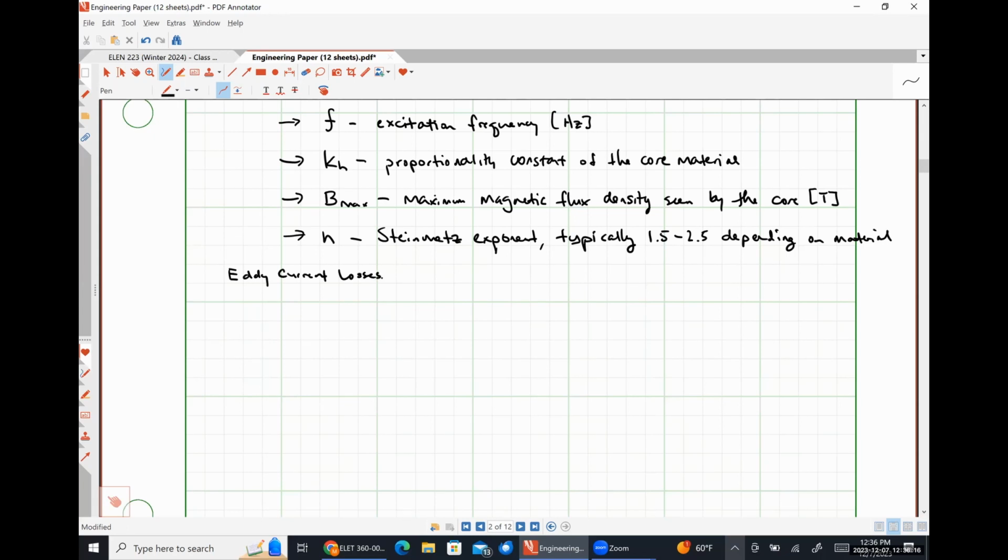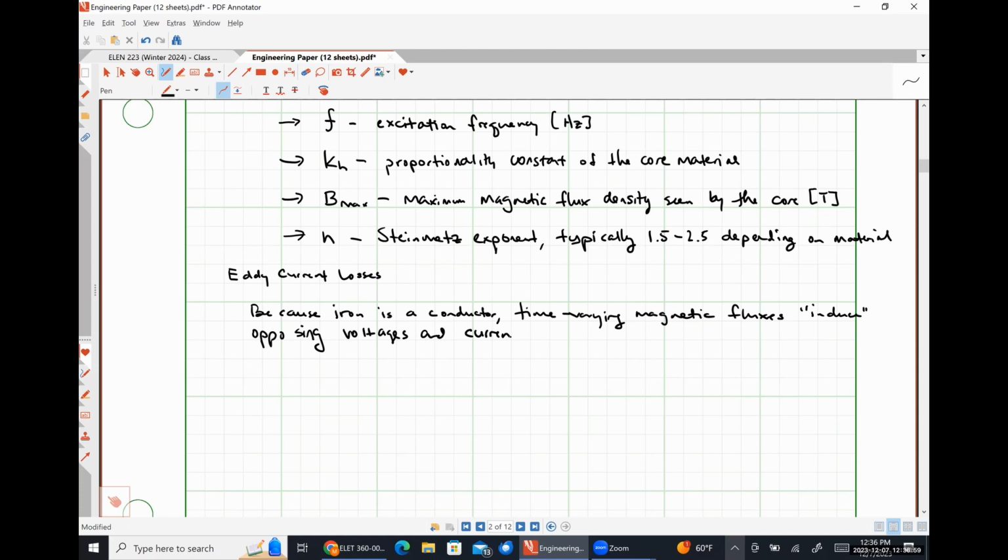So because iron is a conductor, time varying magnetic flux induces opposing voltages and currents that circulate within the core.